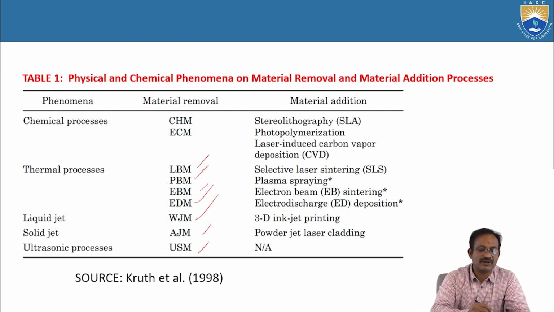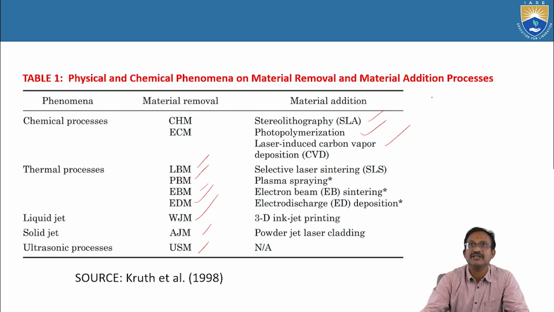These are the various processes for material removal. Correspondingly, material addition will be through stereolithography SLA, photopolymerization, laser induced chemical vapor deposition CVD, selective laser sintering, plasma spraying, electron beam sintering, electro discharge deposition, 3D inkjet printing, and powder jet laser cladding.